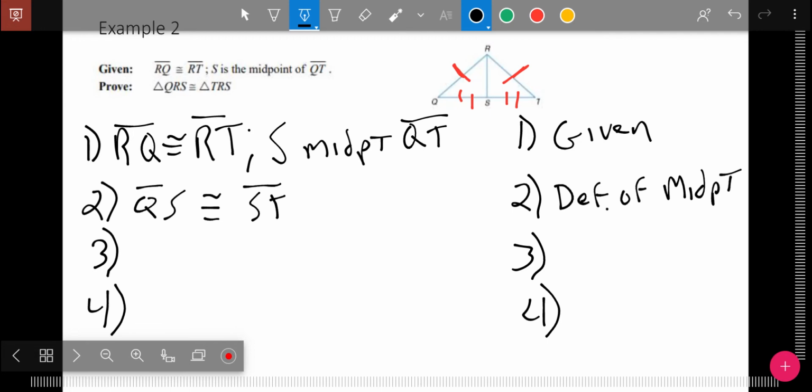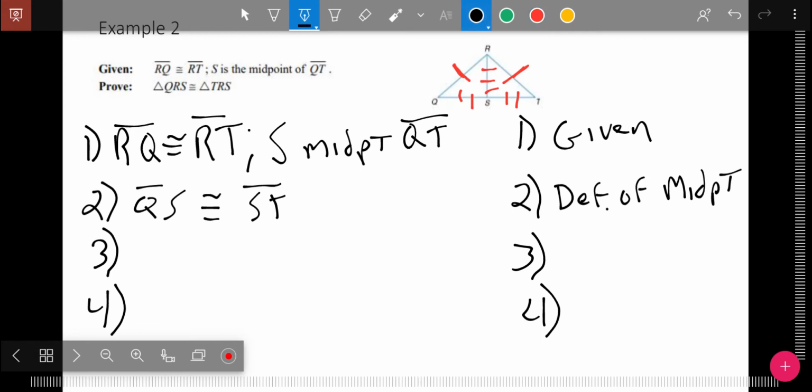Now, I don't have all 3 sides yet, so is there something I'm supposed to just see? My geometry brain is supposed to be smart enough to know. When I look at the triangle on the left and the triangle on the right, this segment RS is in both triangles. Does it change size? Nope. It's in both triangles staying the same size. And so RS is equal to itself.